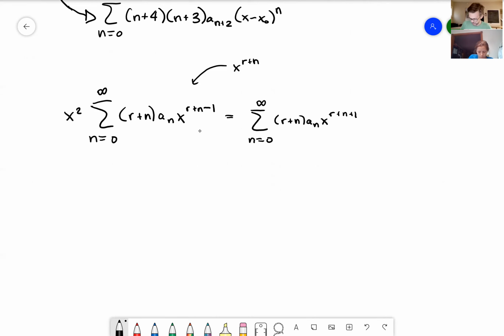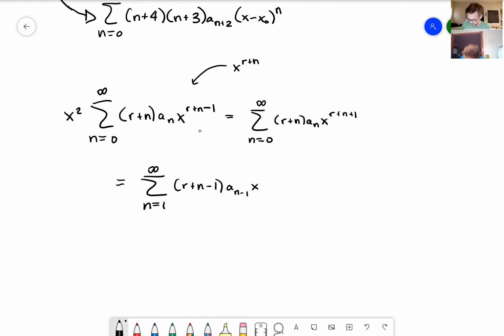Now, instead of r plus n plus 1, we want our generic term to be r plus n. And so instead of starting from n equals 0, we'll start from n equals 1. We'll have r plus n minus 1 to compensate for the indexing going up by 1, a n minus 1.